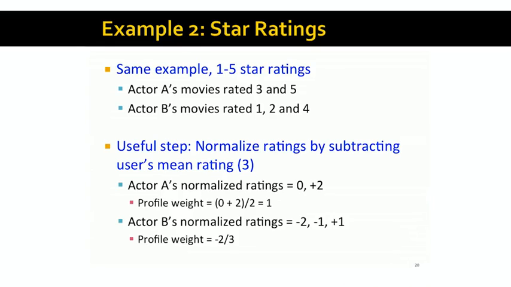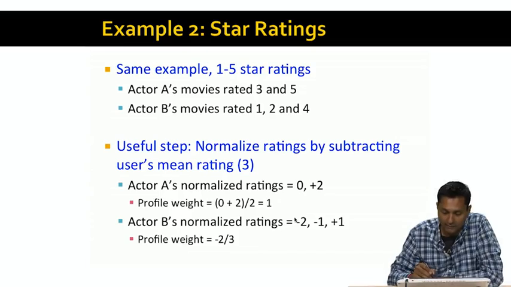And for actor B, the normalized ratings become -2, -1, and +1. Notice that this captures the intuition that the user did not like the first 2 movies with actor B, whereas he really liked the second movie with actor A, whereas the first movie with actor A was kind of an average movie.